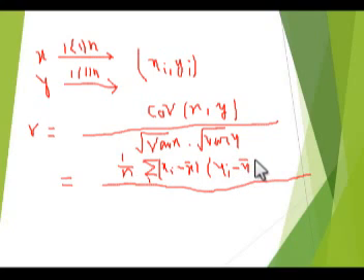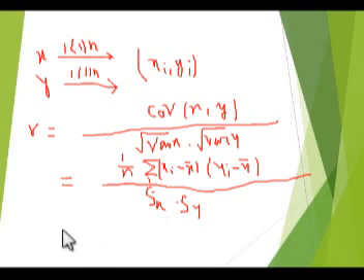This is the covariance. I have written this formula for n data of x and y. The square root of the variance of x is just the standard deviation of x, and in this way this will be the standard deviation of y. So this is the data.